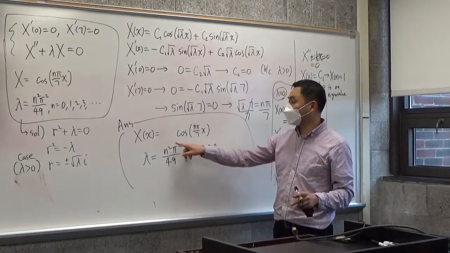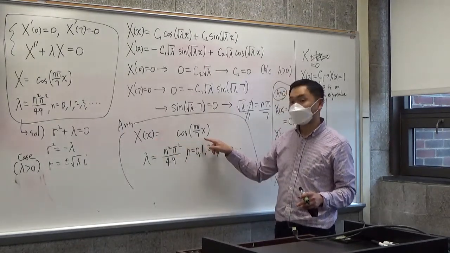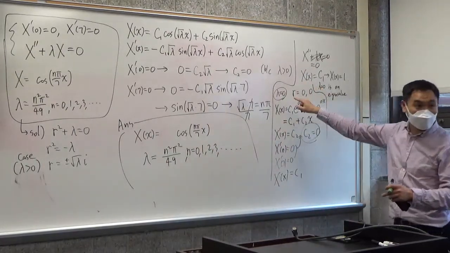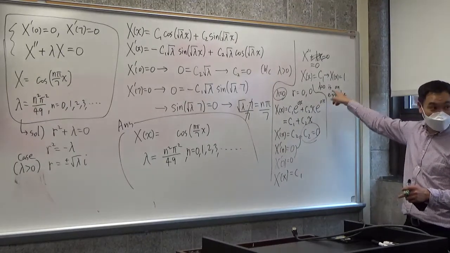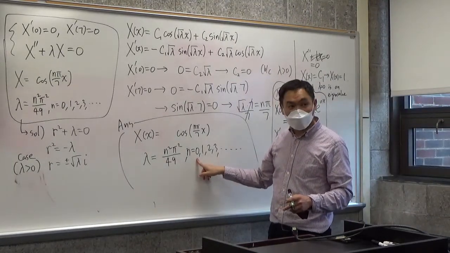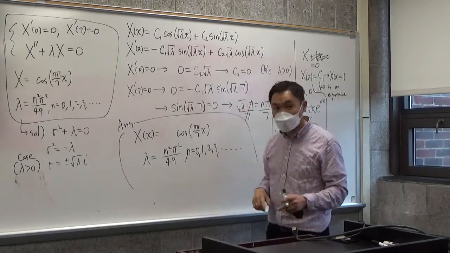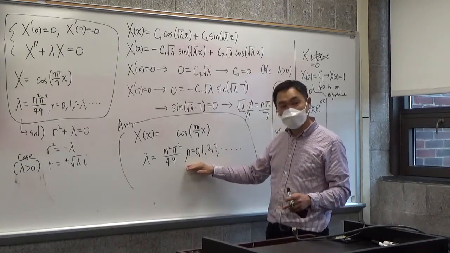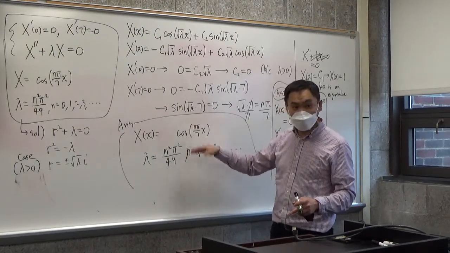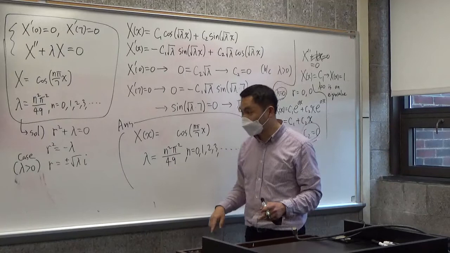When n is 0, what's the function x of x? 1. That's exactly this case, right? When lambda is 0, your eigenfunction is 1. So just putting a 0 will automatically include the lambda equal to 0 case, which saves you a lot of writing. Okay? So that's how we're going to write. And make sure you don't forget this 0.